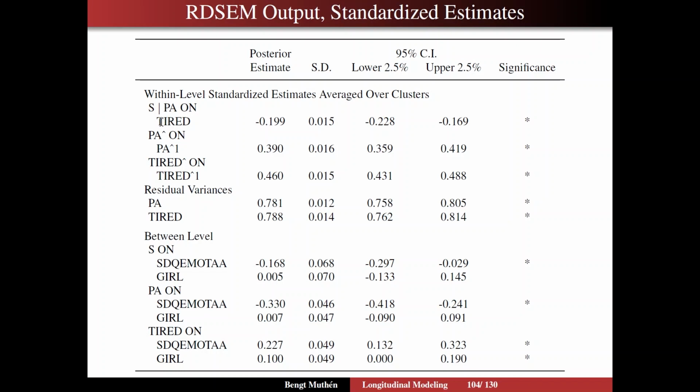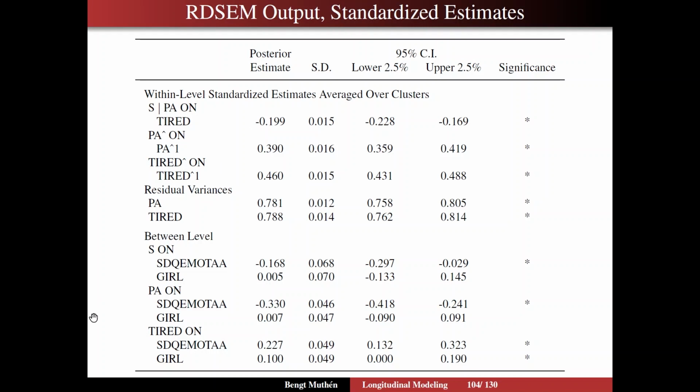That's the main thing here. And we see that it has a negative coefficient, minus 0.199, on average significant. And just to remind you, it was minus 0.193 when that coefficient was fixed.